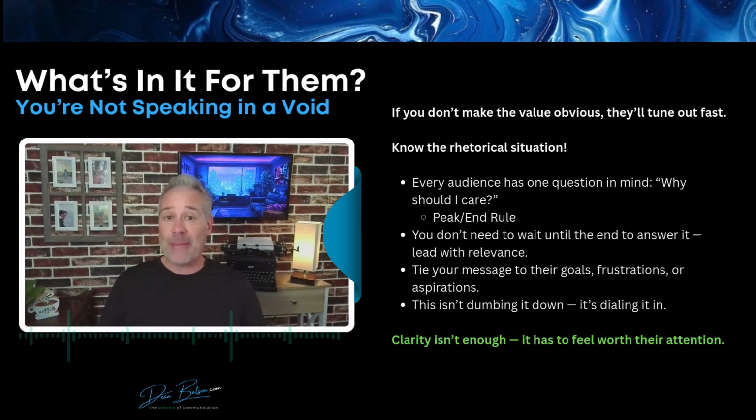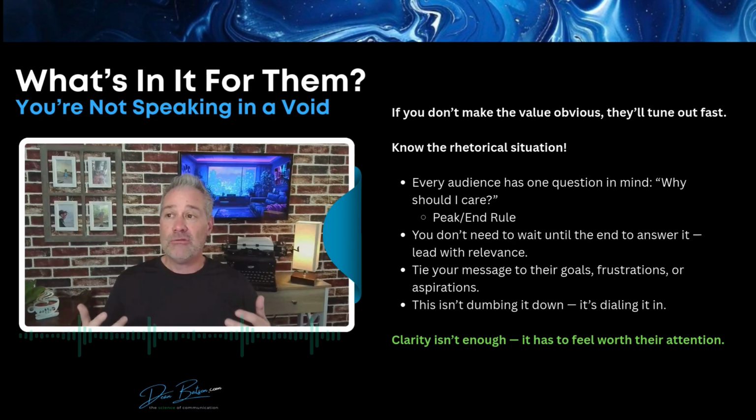There's something called the primacy recency effect. We remember the first thing people say, and we remember the last thing they say when it comes to content, factual data. All that middle stuff kind of gets lost sometimes. So you want to make sure you tell them why they should care right off the bat. And then, of course, at the end, primacy recency, the most recent thing, you want them to remember that also.